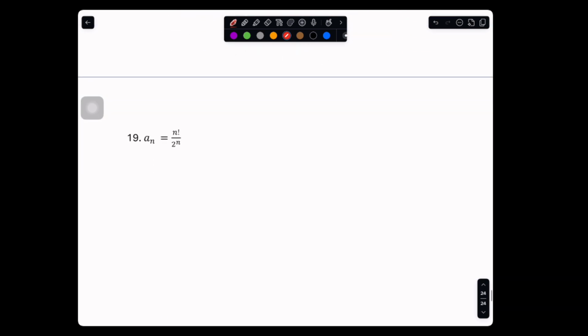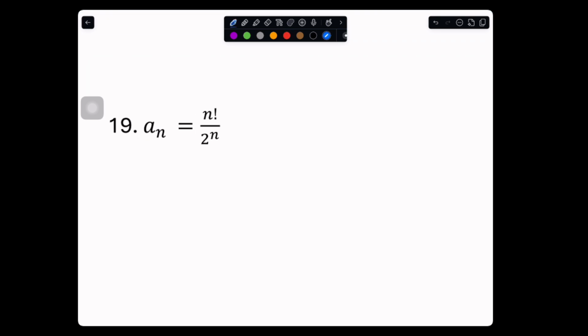Now, similarly here with n factorial over 2 to the n now, let's write this one down, what this one actually means as well.